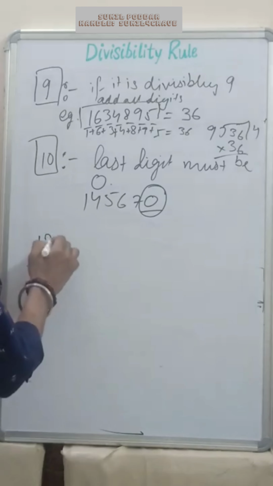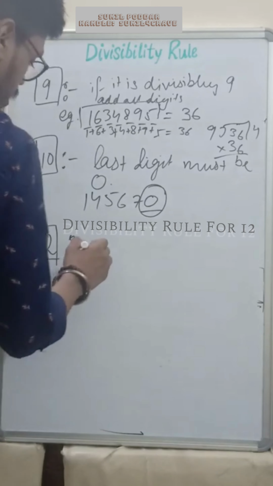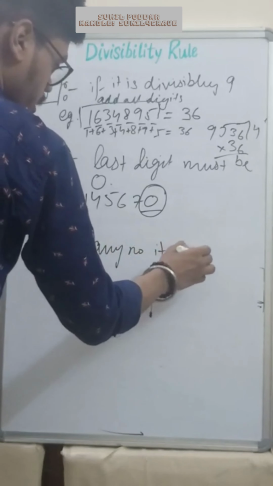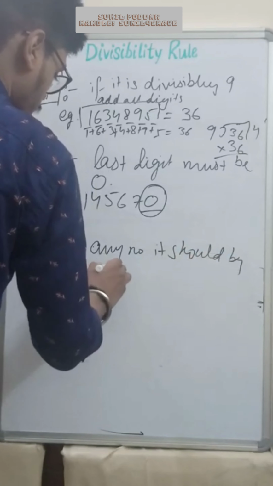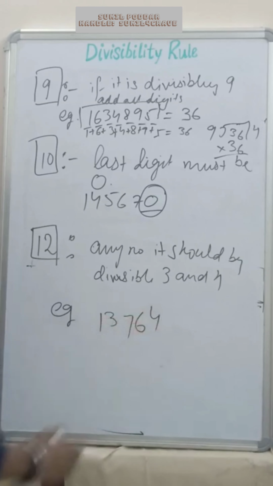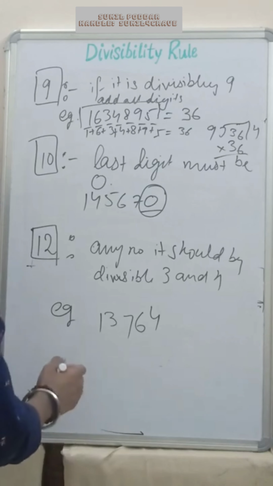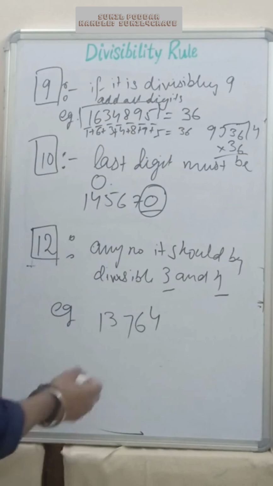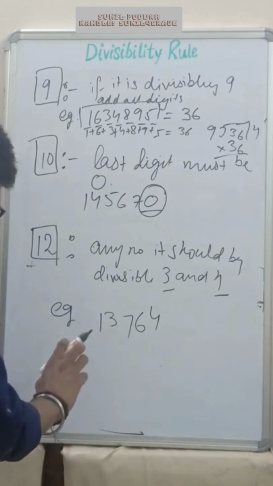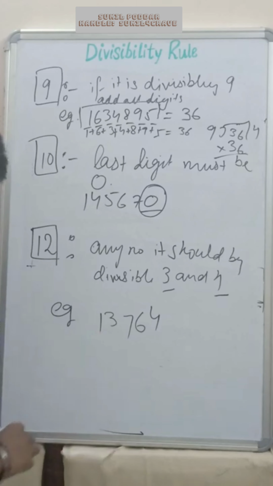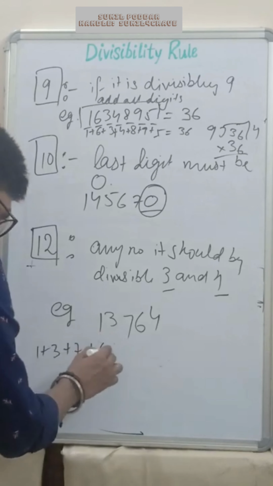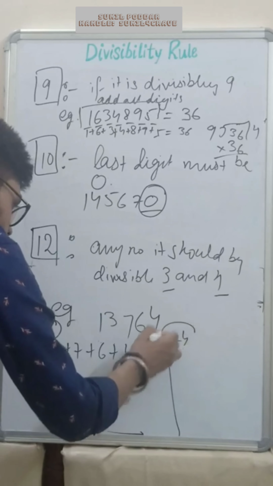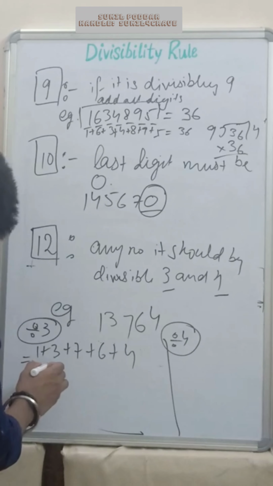For a number to be divisible by 12, it should be divisible by 3 and 4, both. For the rule of 3, you add each and every digit of the number. 1 plus 3 plus 7 plus 6 plus 4 gives 21, and 21 is divisible by 3.